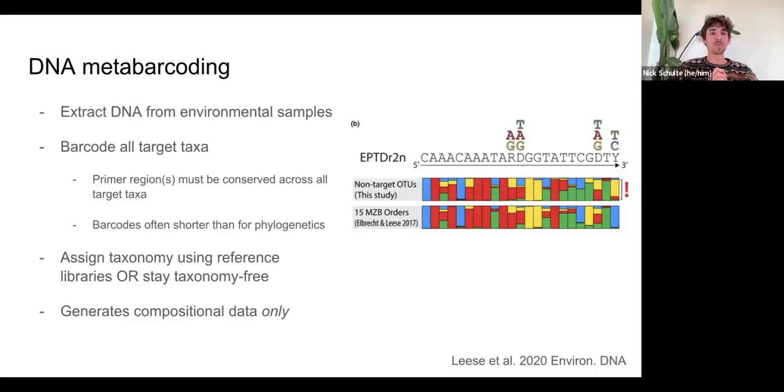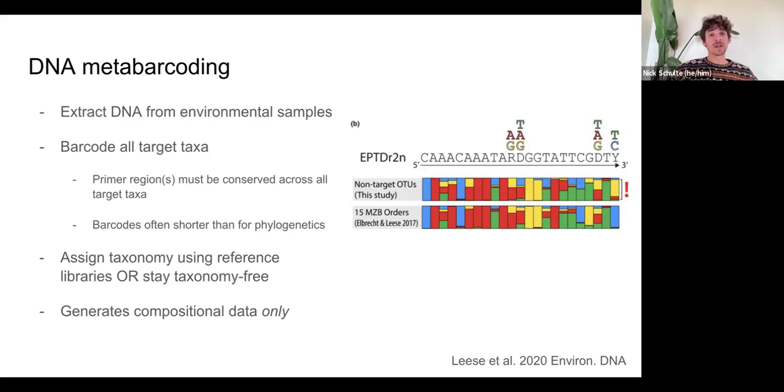But oftentimes for metabarcoding, the goal is not to reconstruct phylogenetic trees, it's to identify taxa. So do we need to know everything about that taxon to be able to differentiate it from other taxa? And that's where those reference databases come in, being able to assign taxonomy based on something we've already seen before using barcoding or genome skimming, things like that.